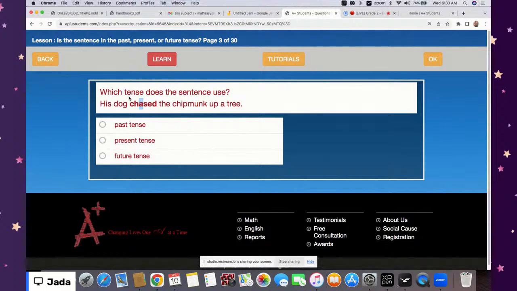So is it past tense, present, or future? Chased with ed. There's ed over there. Chased.